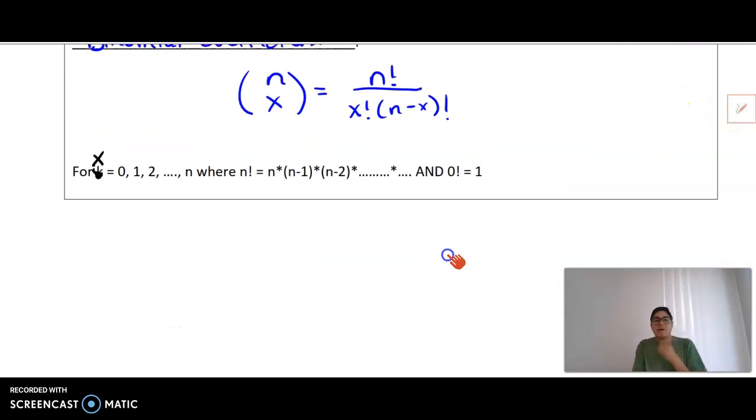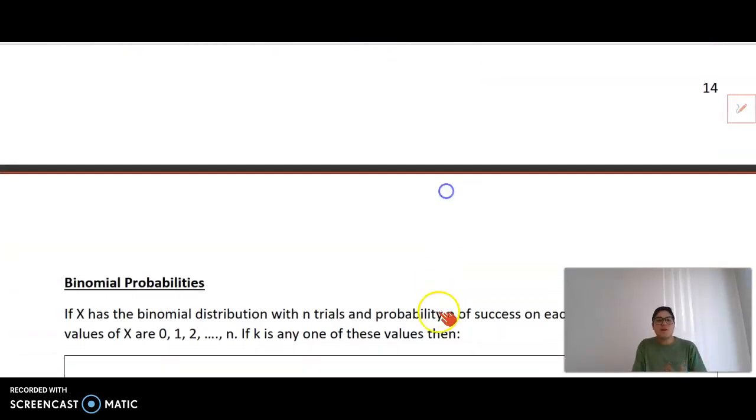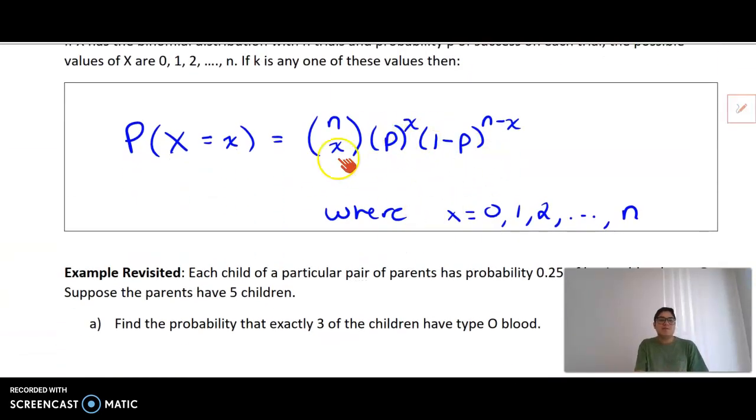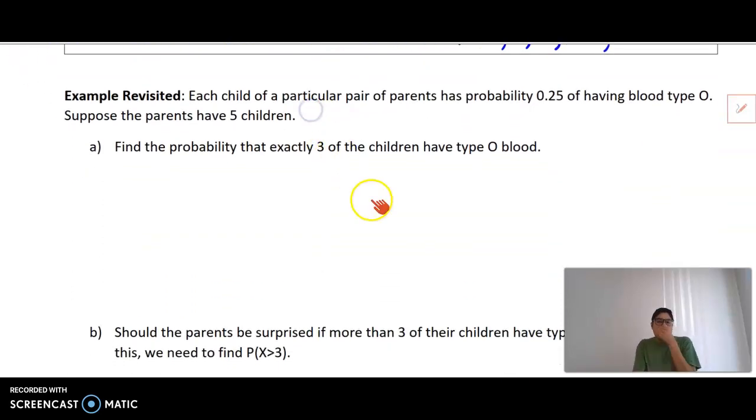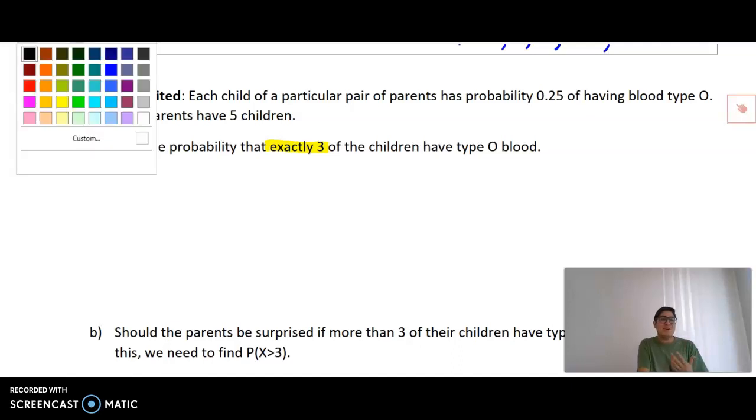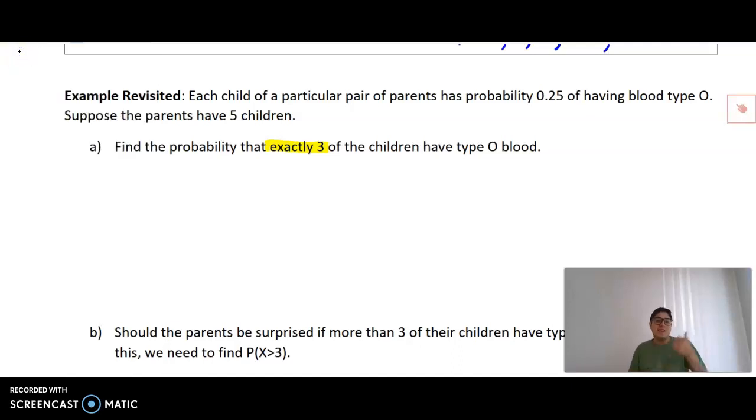So let's now use this binomial coefficient to solve some problems. So this is our binomial model. Again, I just pulled this from my AP Stats formula sheet. And I want to find the probability that exactly 3. So when we've been working with probabilities, we've only really worked with 3 types of inequalities, either a below, an above, or a between.